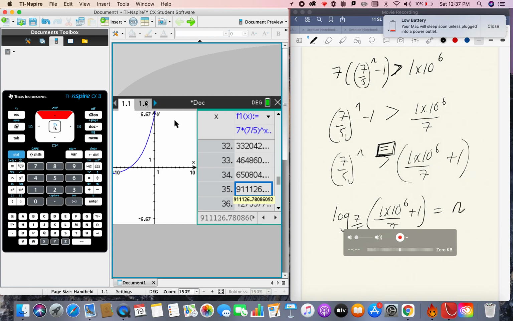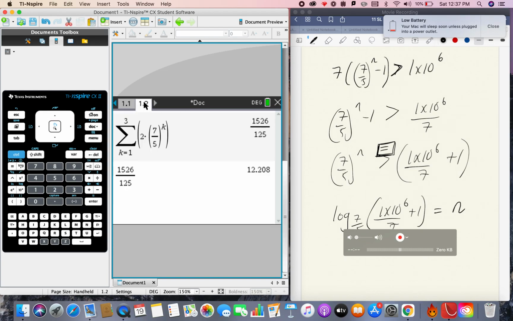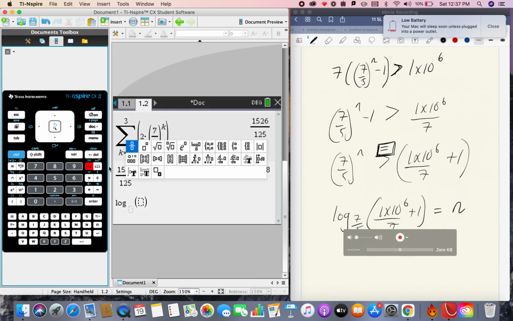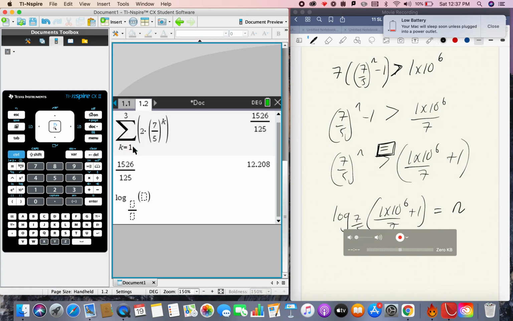So let's go back to page 2 here. Let's just try and type that in as a logarithm to see if it will work. Now our logarithm button is above the 10 to the x, so there's the log. And in the base here we are going to put a fraction. So let us choose a fraction for the base. 7 fifths as a base, 7 over 5.